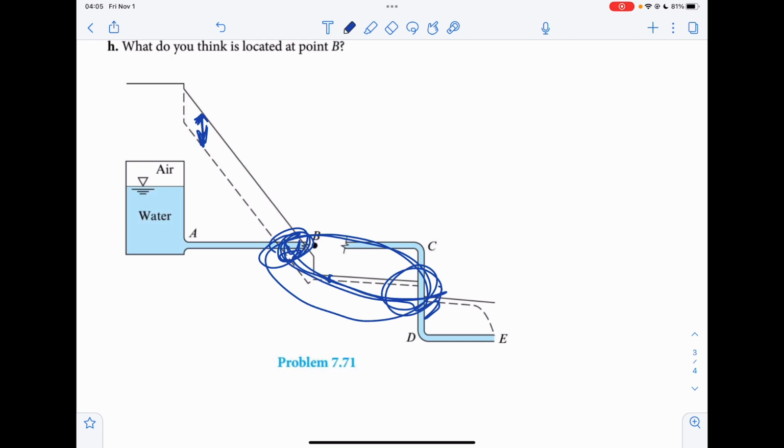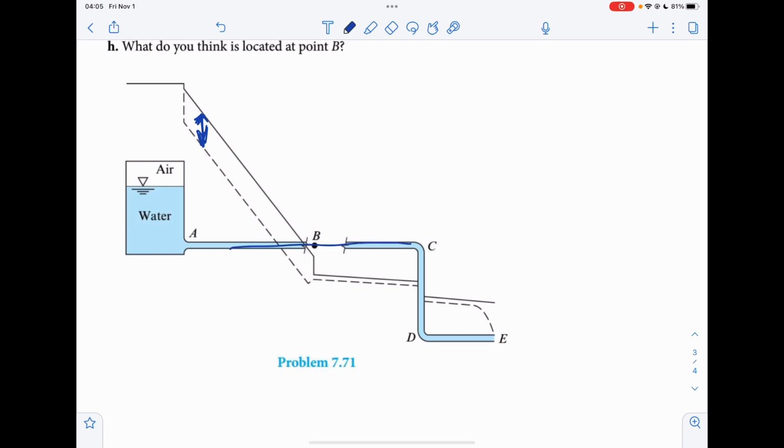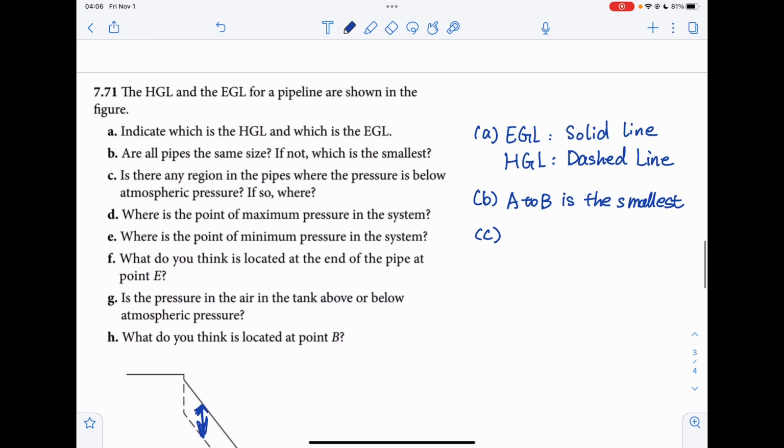So which means we will have the negative pressure here, because the pipe itself kind of indicates the elevation head. So if the total energy is smaller than the elevation head, the pressure head needs to be 0. Okay, so therefore for part C, from point B to point C, we will have the negative pressure.